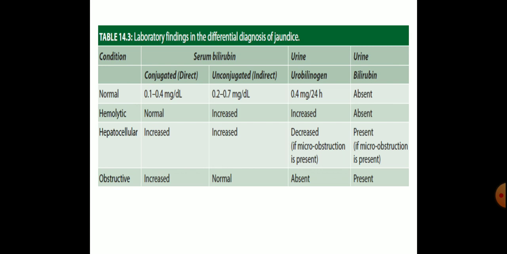The bilirubin in the urine is normally absent in healthy adults. It is also absent in hemolytic jaundice, but present in hepatocellular and obstructive jaundice. So this is how, by seeing these characteristics, you can differentiate between hemolytic, hepatic and obstructive jaundice.